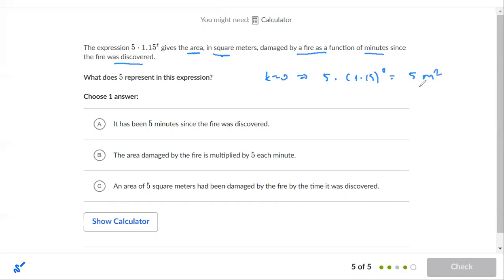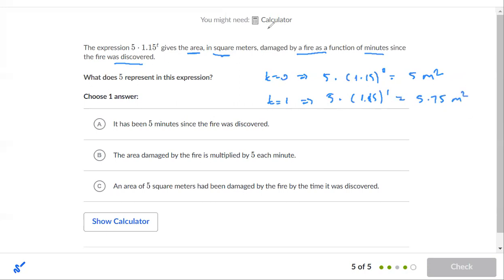This is the area when the fire was just discovered. But if you wait maybe 1 minute, that should be 5 times 1.15 to the first power. You will see that 5 times 1 is 5, 5 times 0.15 is 0.75. So that looks like 5.75 square meters.